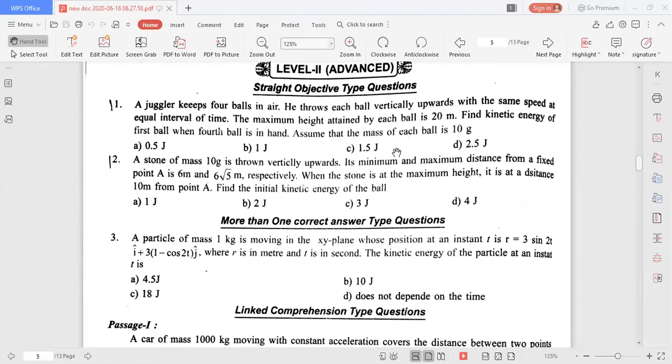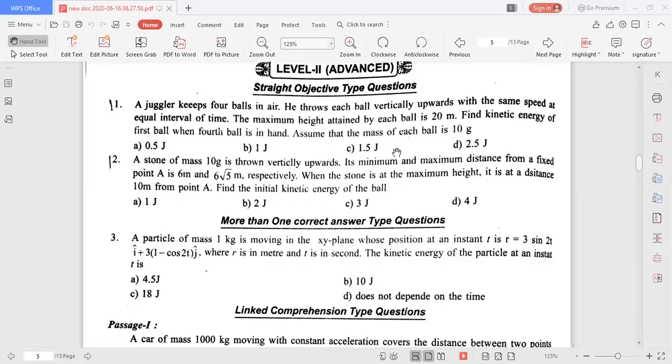In level 2, you read problem number 1 in level 2. All of you read it.